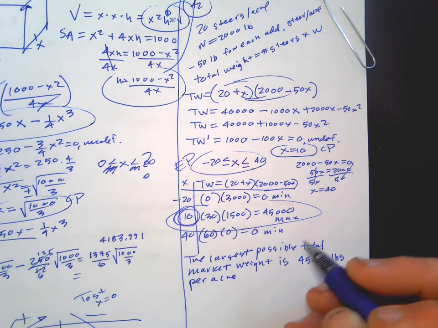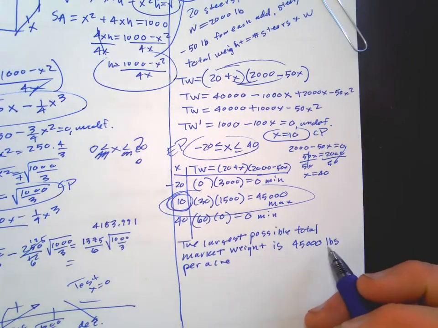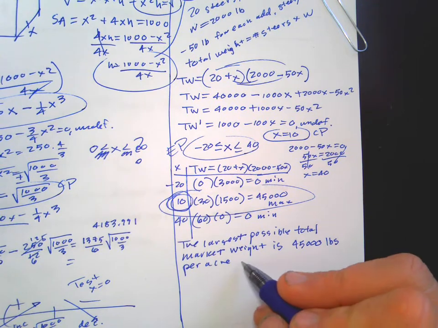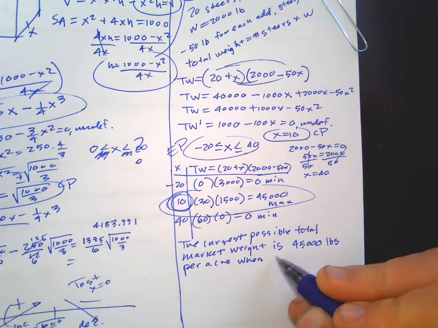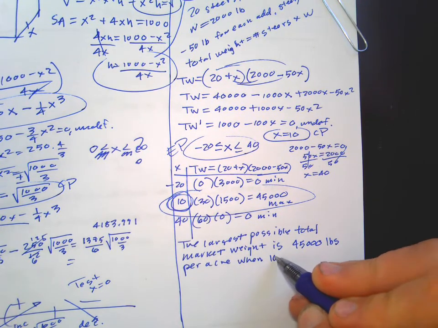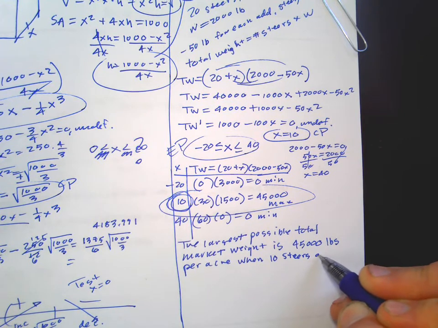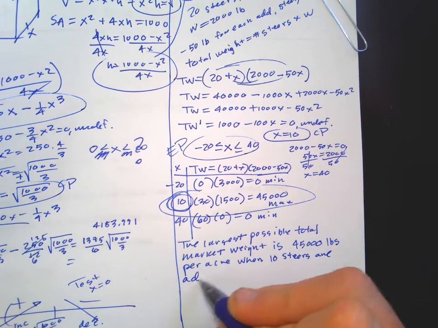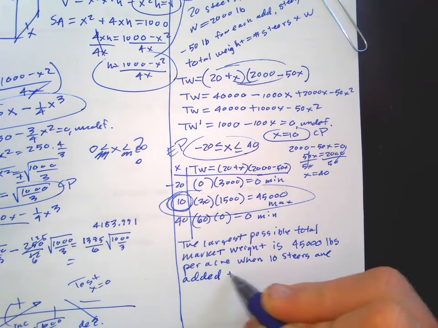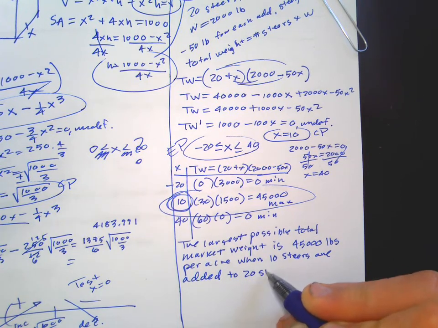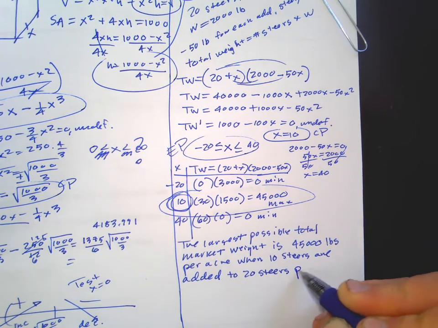So we don't know the actual total market weight, but we know the max market weight per acre when 10 steers are added to 20 steers per acre.